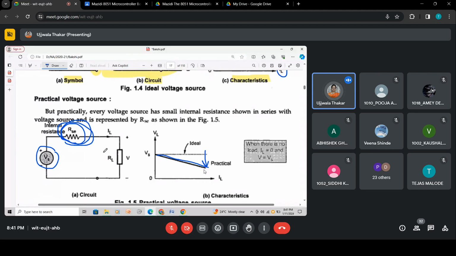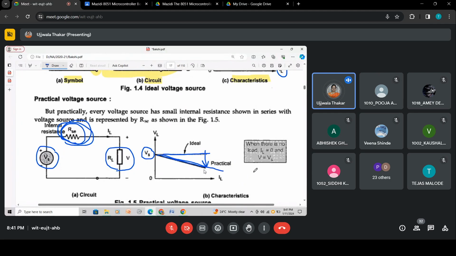We call this the series resistance, connected to the battery, and this is the node. The effect is that the source voltage will not remain constant. So these are the ideal characteristics, and these are the practical characteristics.